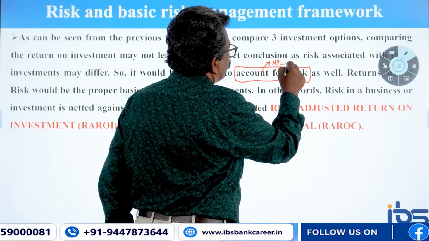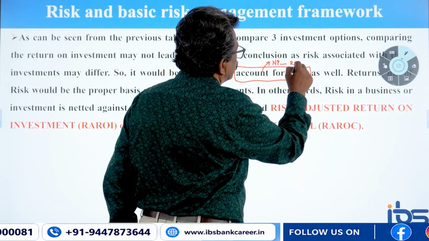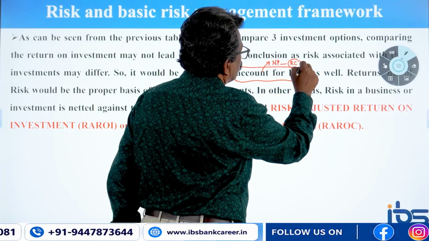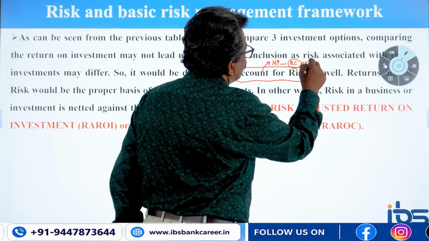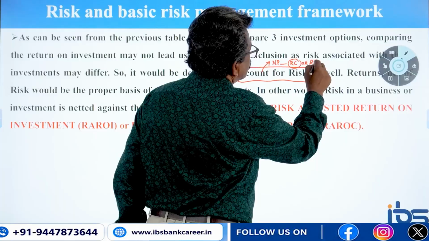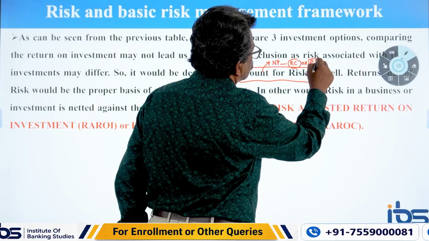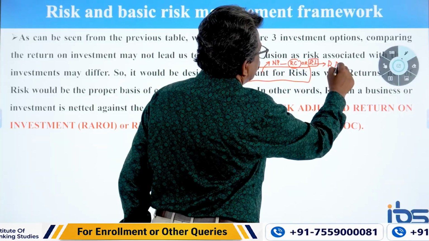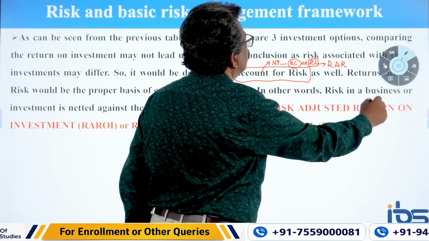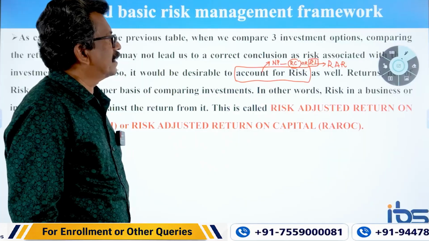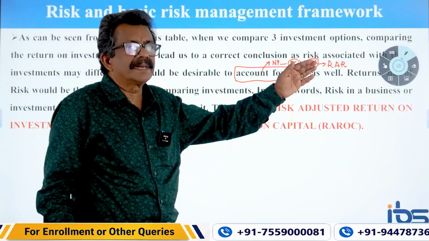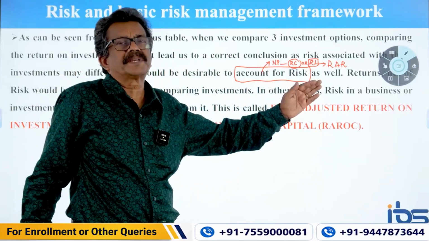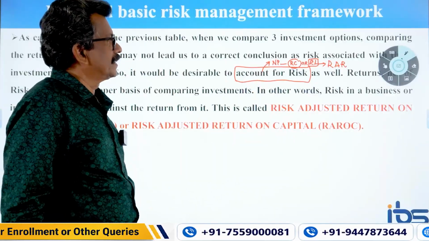Net profit minus that risk cost, RC. This is also called expected loss. That is the risk component, expected loss. This will give you the risk adjusted return. Then only it will give you a correct picture of what exactly the profit is.